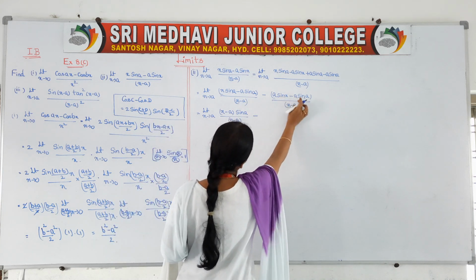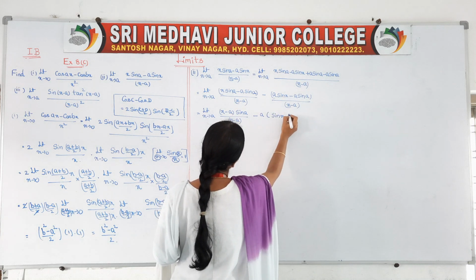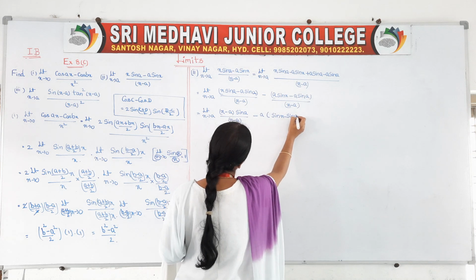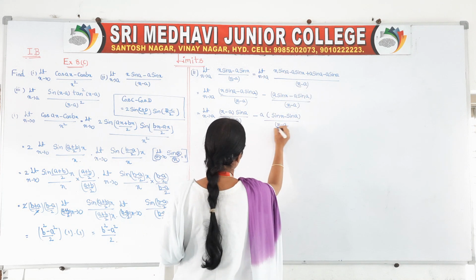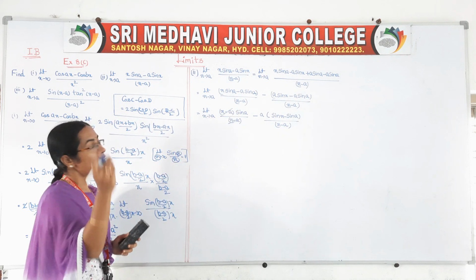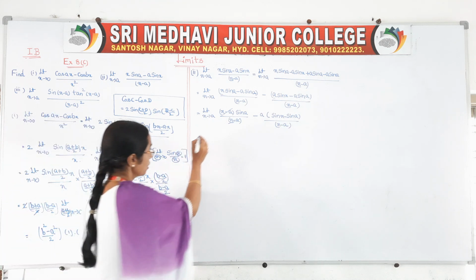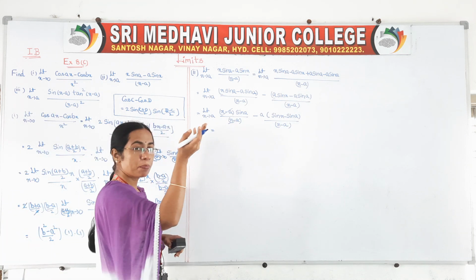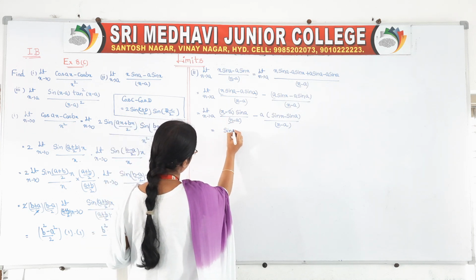Next minus, from this you can take a common, then you will have sin x minus sin a by x minus a. So here x minus a cancels and the value is sin a, it is a constant. Limit is not applicable for a constant, we will write just that value as sin a only.